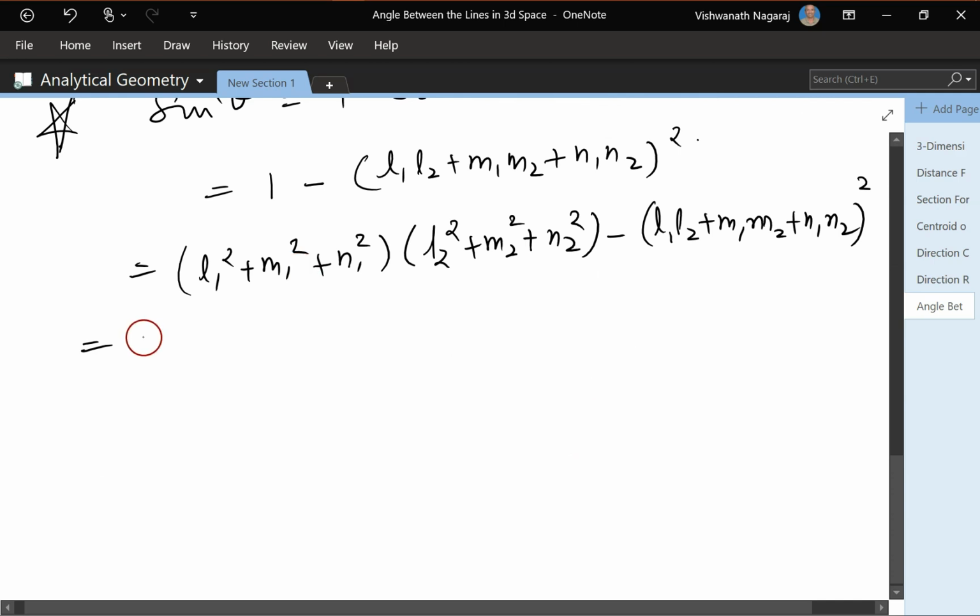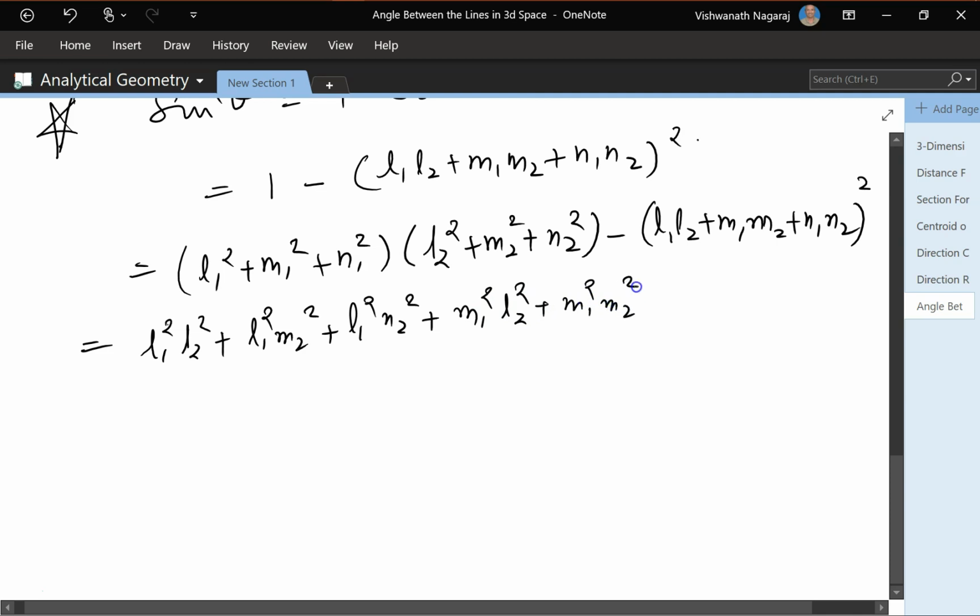Let's multiply these two: l1 square l2 square plus l1 square m2 square plus l1 square n2 square, m1 square l2 square plus m1 square m2 square plus m1 square n2 square, plus n1 square l2 square plus n1 square m2 square plus n1 square n2 square.